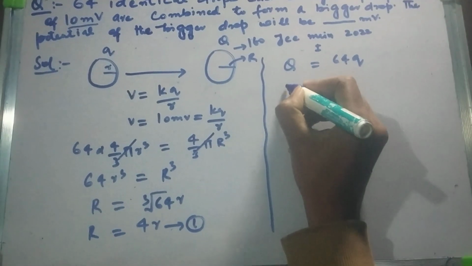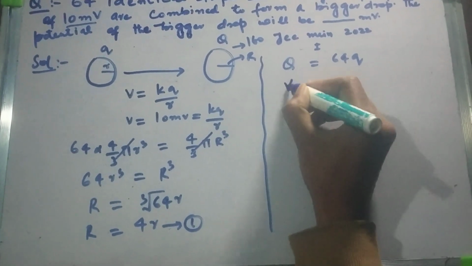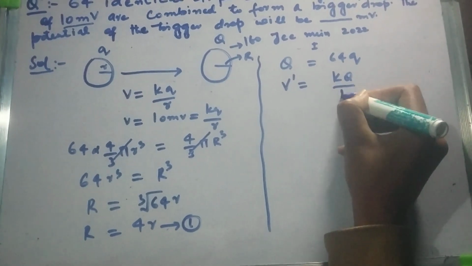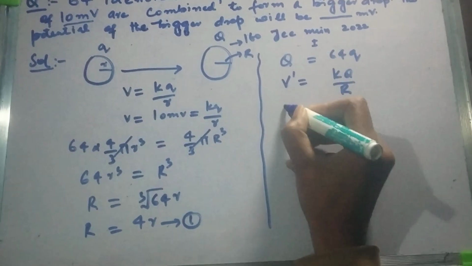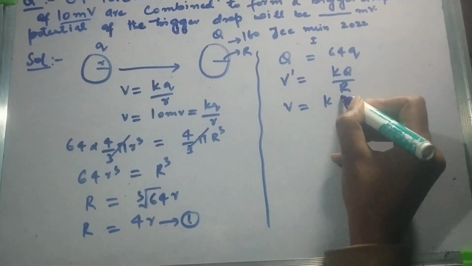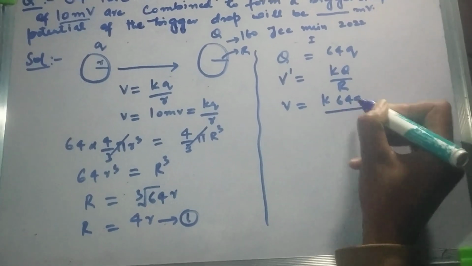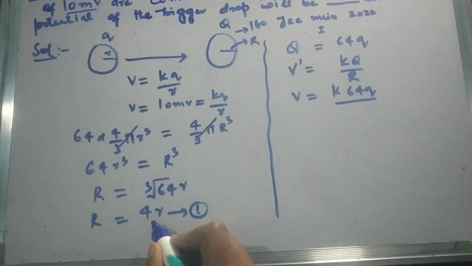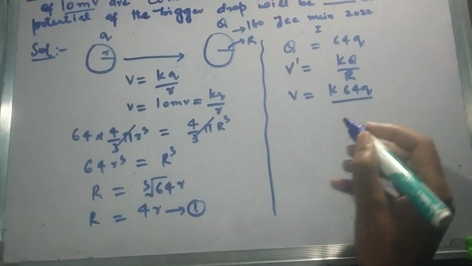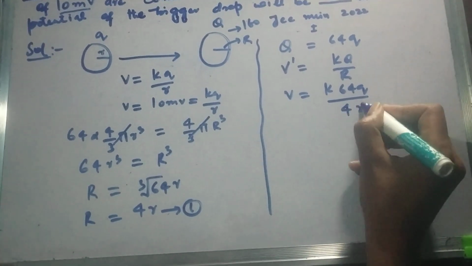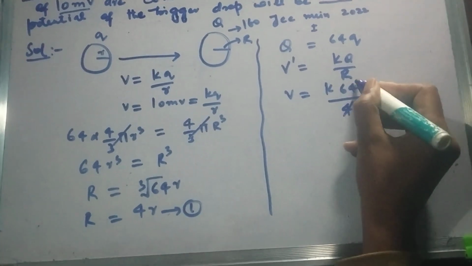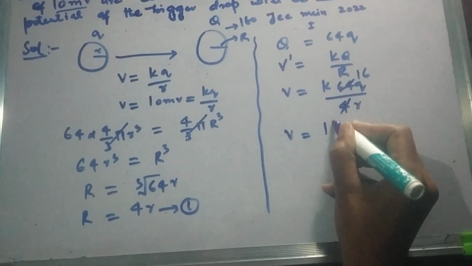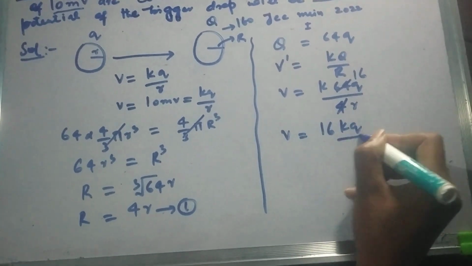The potential on the bigger drop, V dash, equals kQ upon capital R, which is k into 64q upon 4r. 64 divided by 4 is 16, so V dash equals 16 kq upon small r.